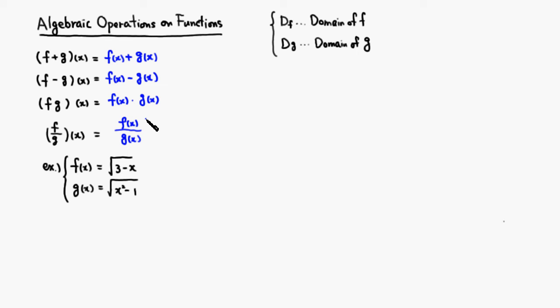Then when you look for the domain of these functions, let's say D sub f is the domain of function f, and D sub g is the domain of g.